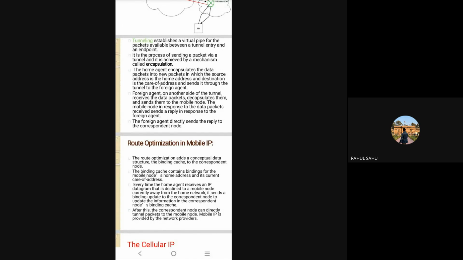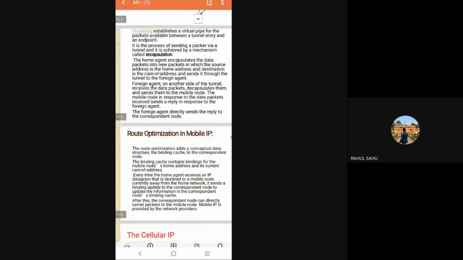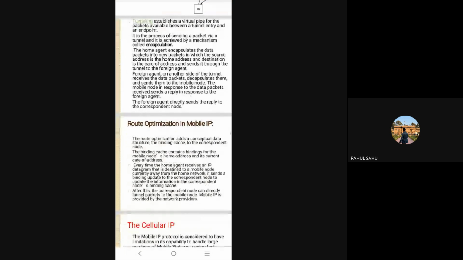The mobile node, in response to the data packet, sends the acknowledgement and a reply to the foreign agent, and the foreign agent directly sends the reply to the correspondent node. There is no need for tunneling again because the address of the correspondent node is known, so it directly sends the acknowledgement. Then route optimization.